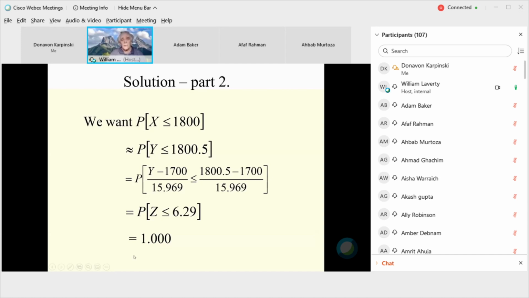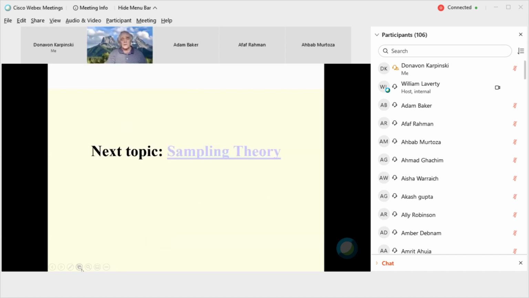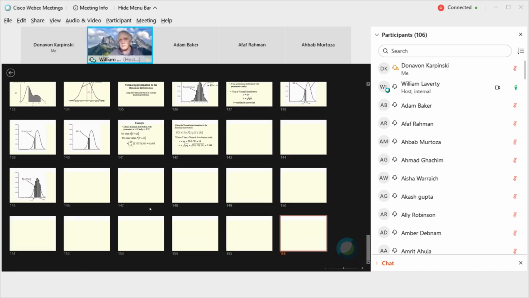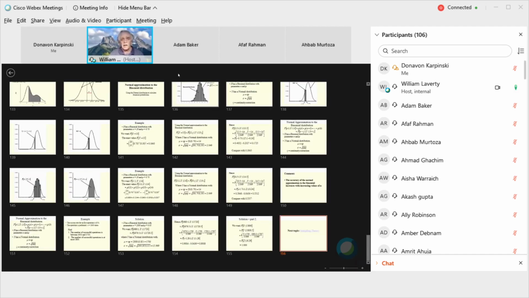There, I get the probability that Z is less than or equal to 6.29. 6.29 is beyond the tables. The area below that is virtually 1. Maybe we'll stop at this point, and I'll allow you to ask questions.